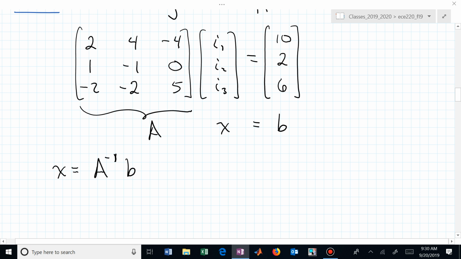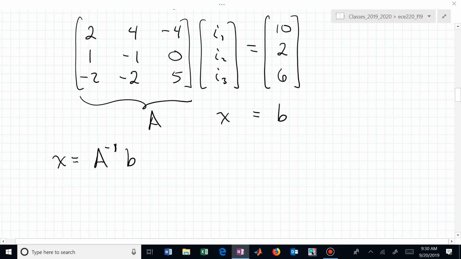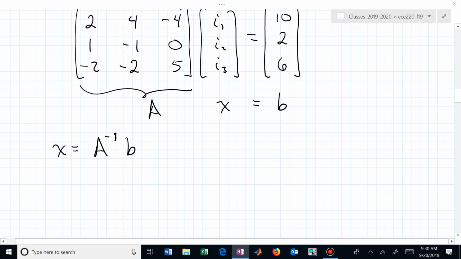Question? I don't think you'd give us a 3 by 3 on the test, but eventually are we going to be able to use the matrix calculator? So the question was, I don't think you're going to give me a 3 by 3 on the exam. Don't go that far. You might. So you need to get comfortable putting this into a calculator and solving it.